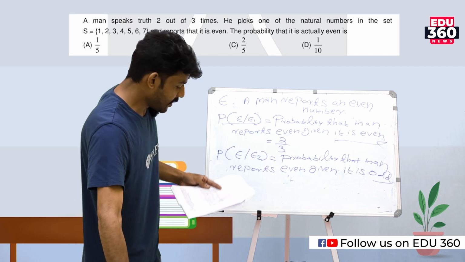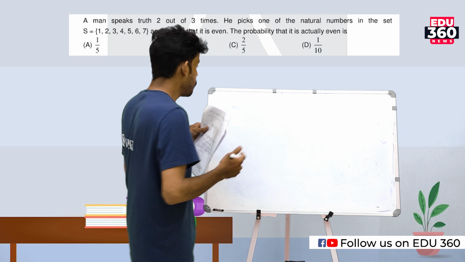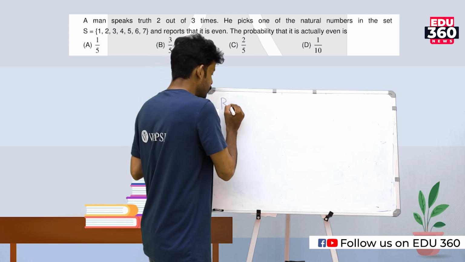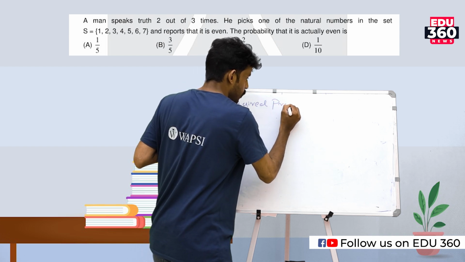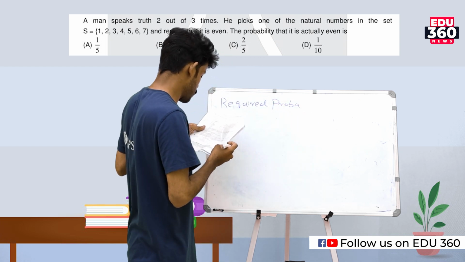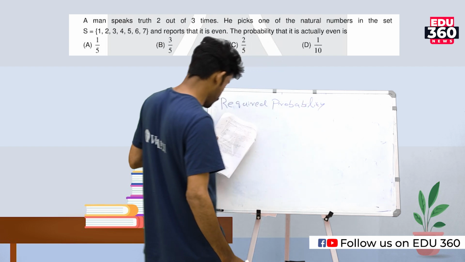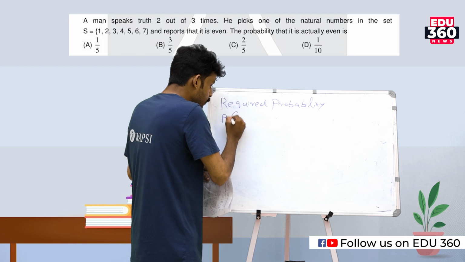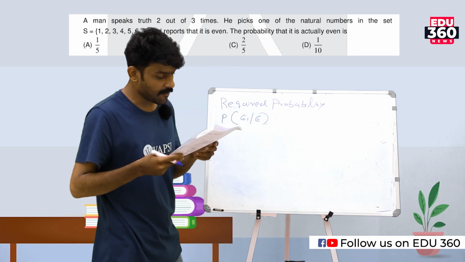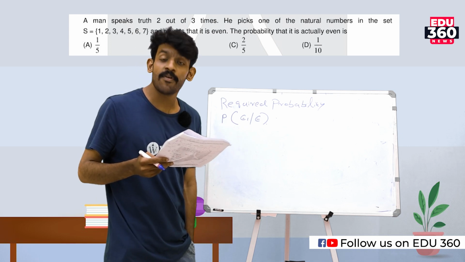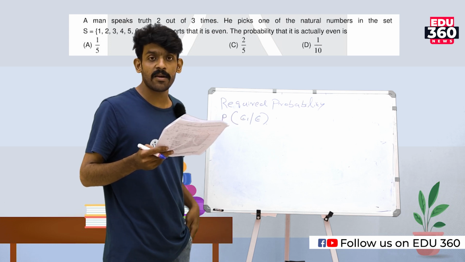So in the next step, we can apply the Bayes theorem. The required probability is P of E1 bar E. P of E1 is an even number is picked, and E is a man reports an even number.